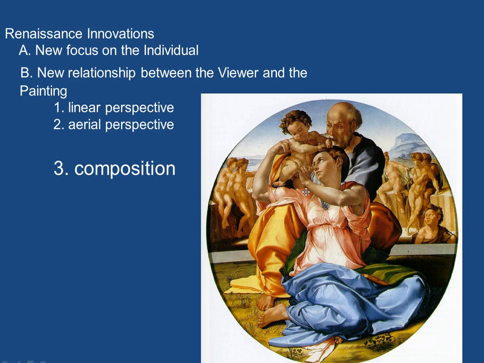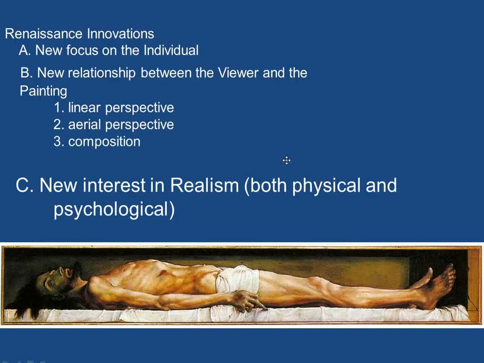Here's a painting by Michelangelo, in which you see this triad, which creates a sense of energy and dynamism. People are looking in different directions. The elbows form this, but it's very intentional and it's very balanced. There's an effort by the artist to get the viewer to look at certain things.